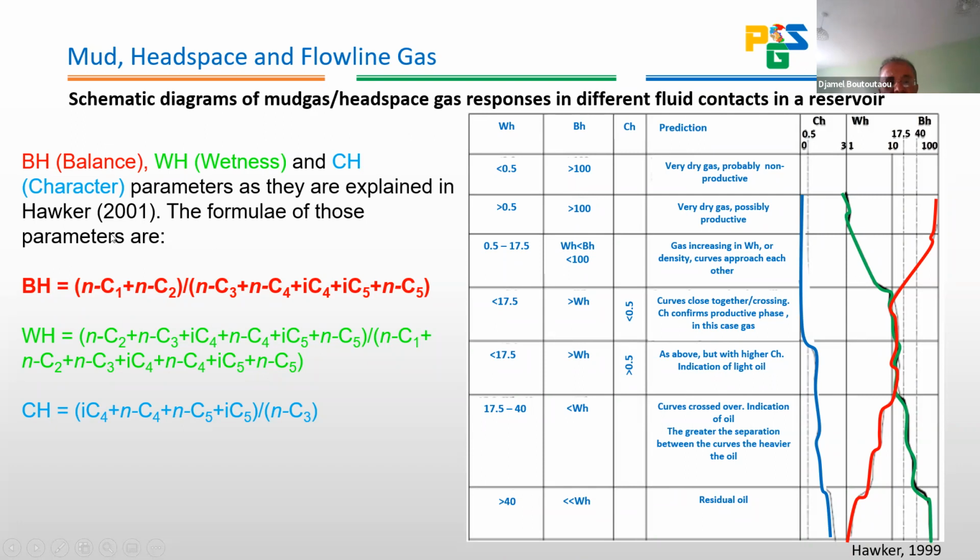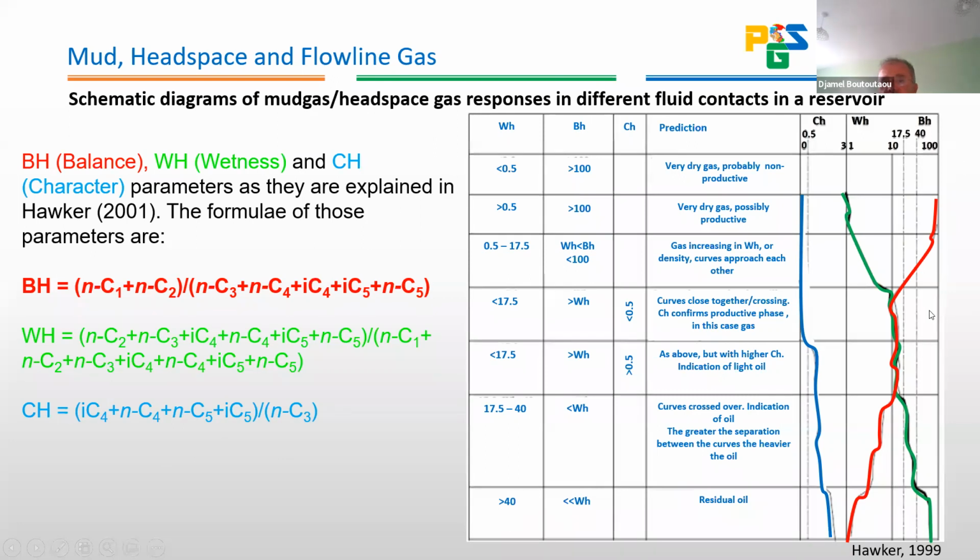The balance is the amount of methane and ethane divided by propane to C5 pentane. The gas wetness is the total of C2 to C5 divided by C1 to C5, times 100 if you want it as a percentage. And the gas character is the amount of your heavy components, butanes and pentanes, compared to C3.